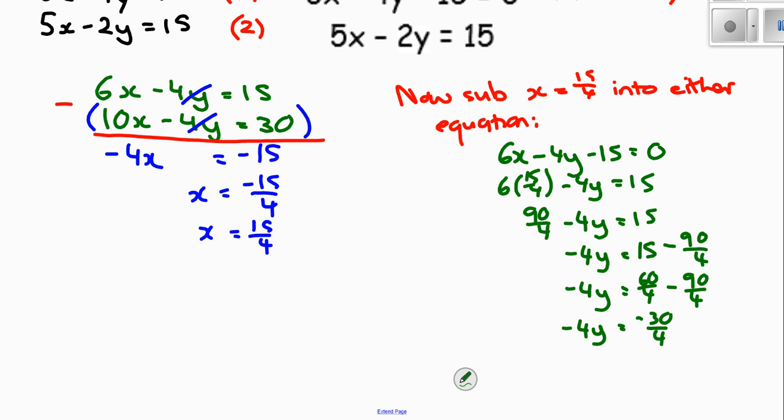So therefore, for y, we're going to divide both sides by 4.